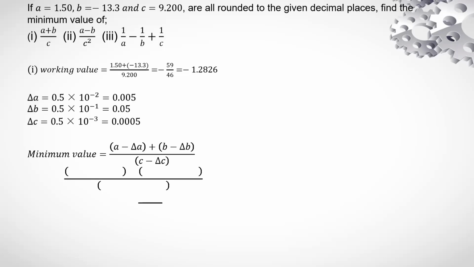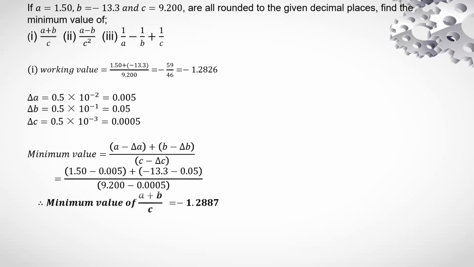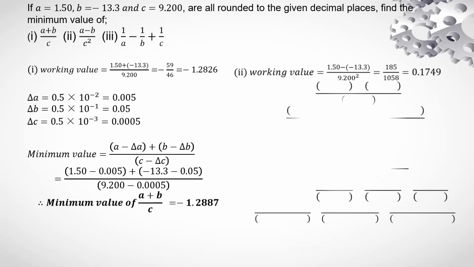A is positive already, so you reduce the effect of that positivity, and B is negative, so you increase the effect of the negativity. And C, of course, is the divisor, so you make it as small as possible. That's why you have A minus delta A plus B minus delta B over C minus delta C. In substitution, that's what we get, and we end up with our minimum value. Then we move to part 2.